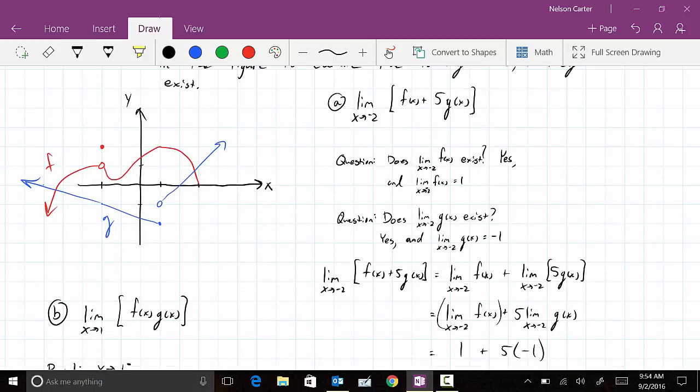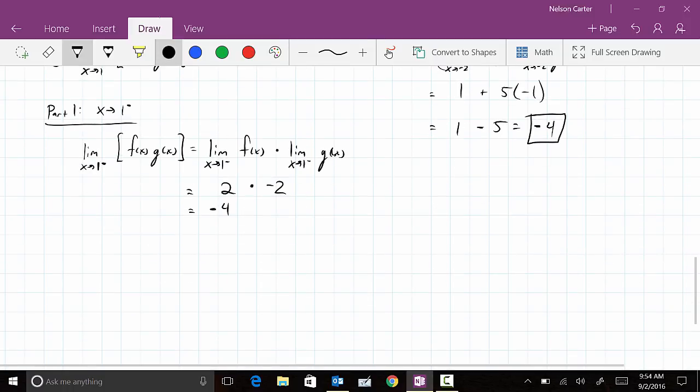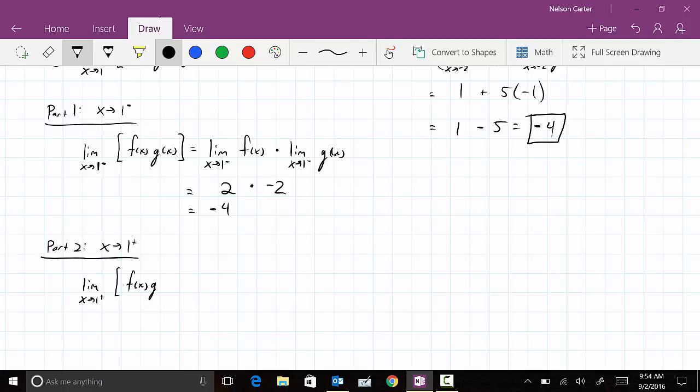So now we're going to approach from the other side. Part 2: what is the limit as x approaches 1 from the right? We've got the limit as x approaches 1 from the right of f of x times g of x.